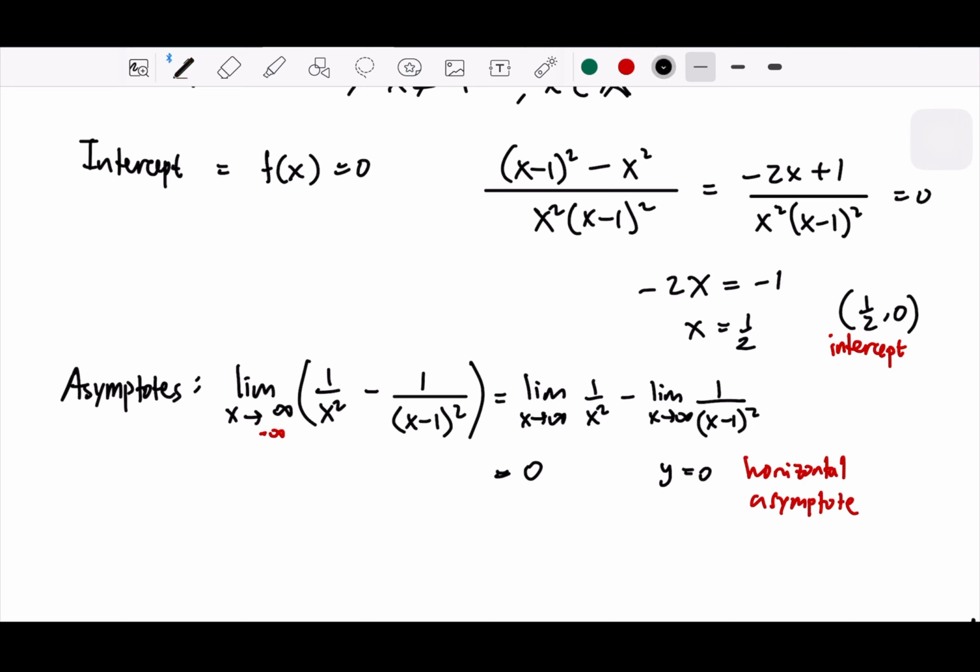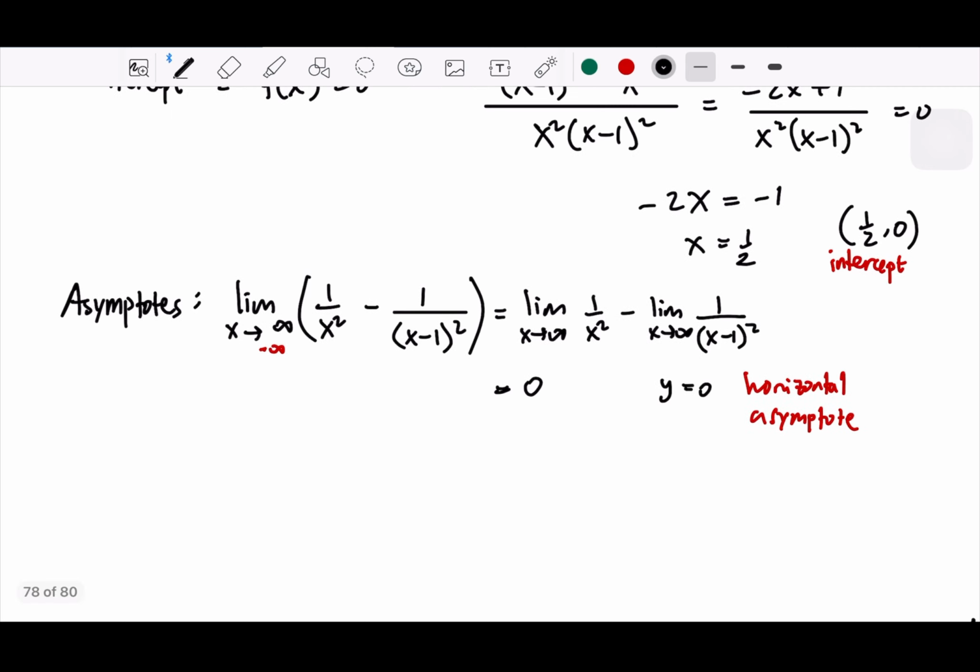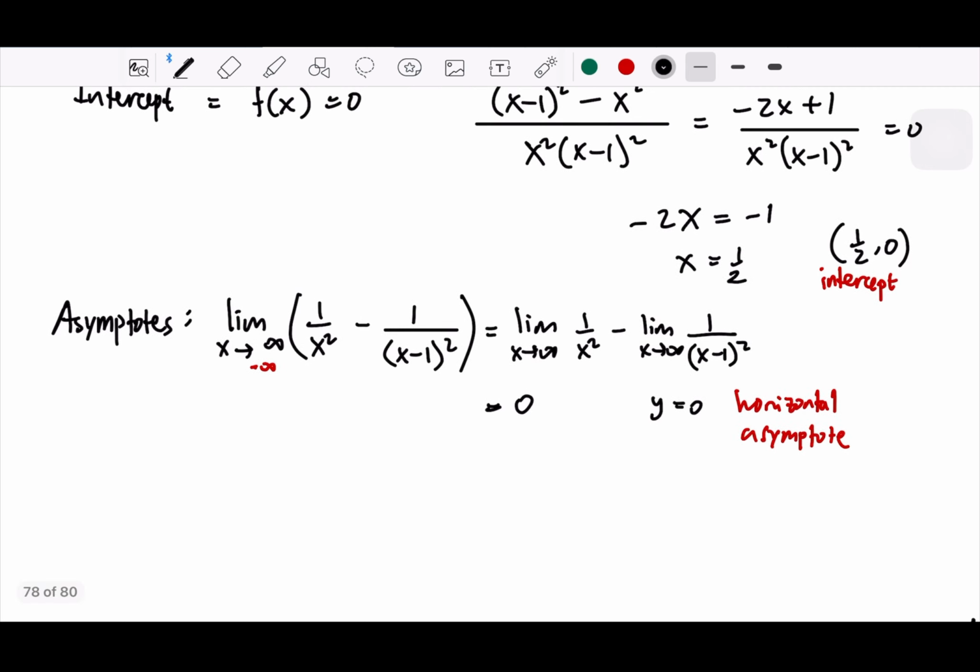And for the vertical asymptote, based on our domain, we can check the limits as x approaches 0 and x approaches 1. So we can check those vertical asymptotes as well. Let me write, first, x approaching 0. You can write it, or maybe check the left and right sides, but I think it should be okay for both cases.